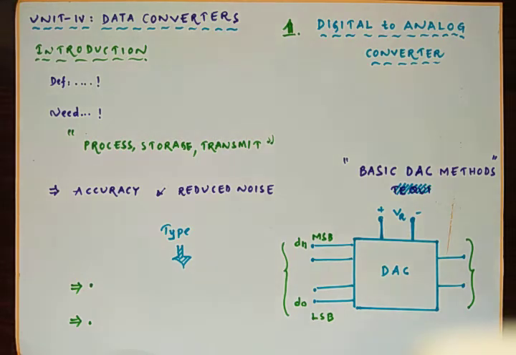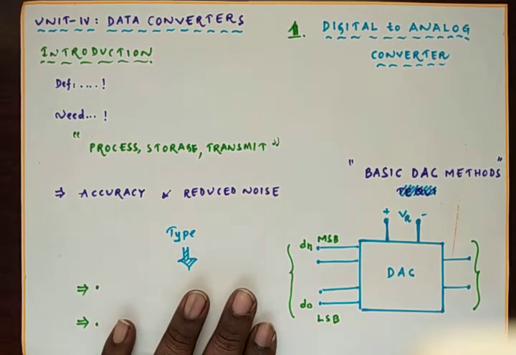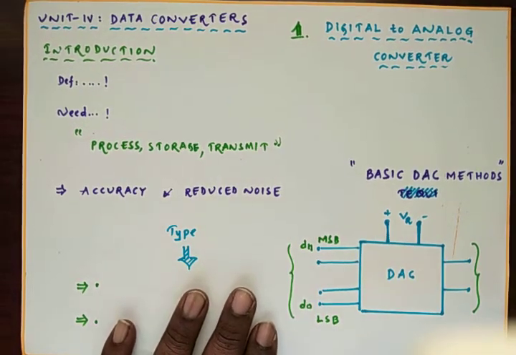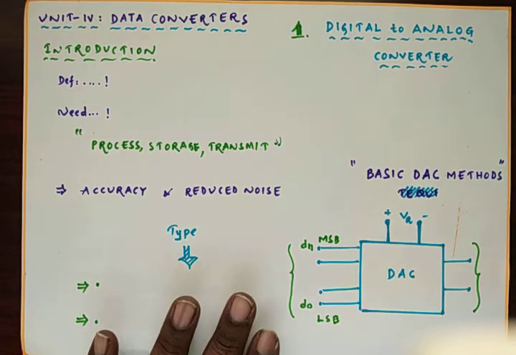As I said in the previous class, in the real world, most of the physical quantities such as voltage, current, temperature, pressure and time are analog in nature. Whatever quantities we see in daily life are in analog form.